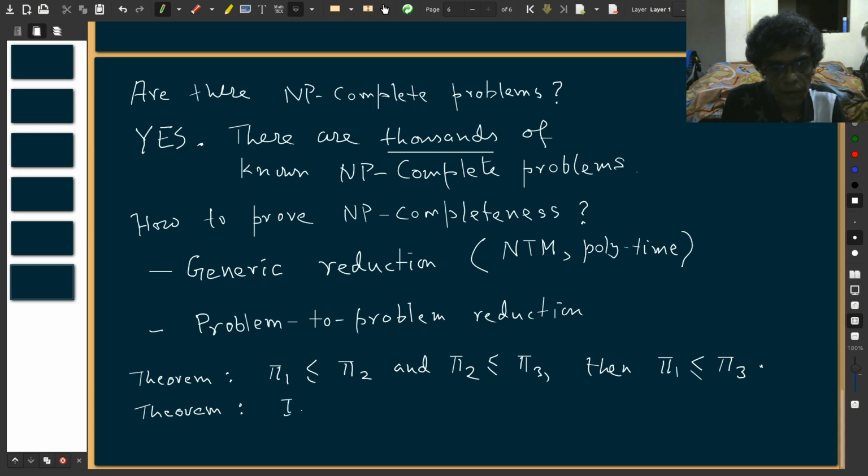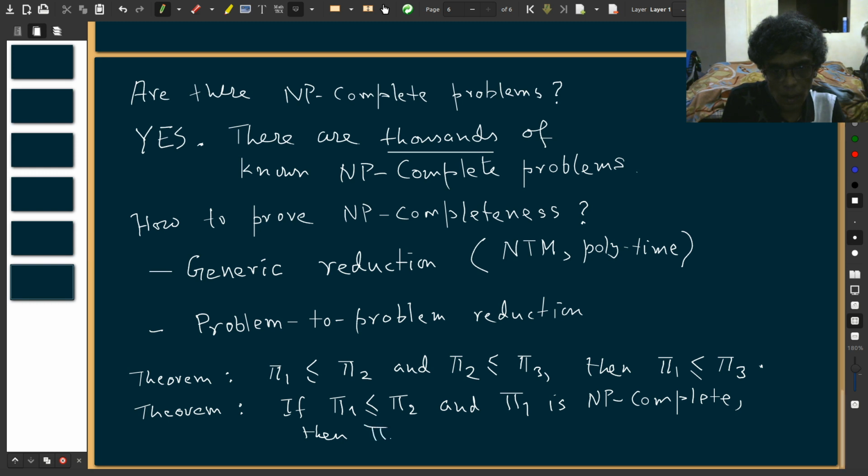This follows from the definition and this lemma. If pi 1 is less than or equal to pi 2, and pi 1 is NP-complete, then pi 2 is also NP-complete.